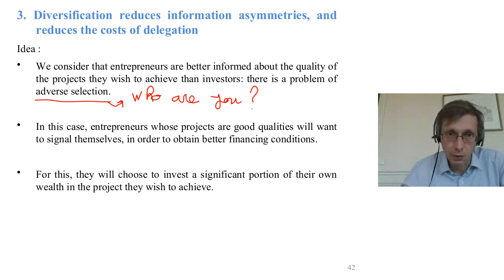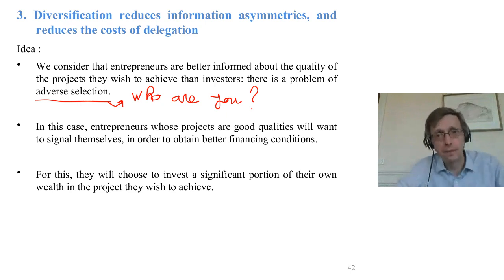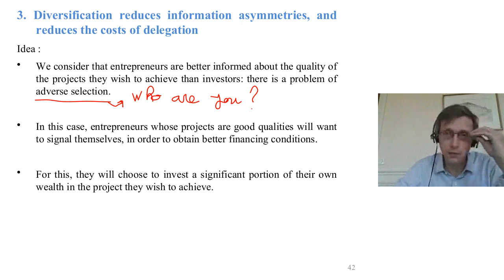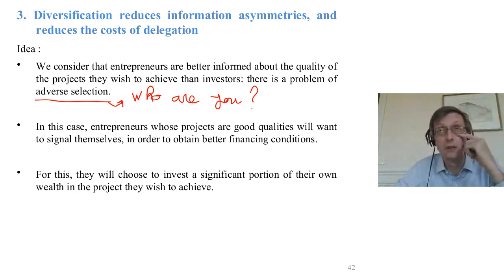That's the point. In this case, entrepreneurs, let's say of good quality, will want to signal themselves in order to obtain better financing conditions. So you have to remember that the question of adverse selection is always related to the question of signaling. This is the two sides of the same coin.